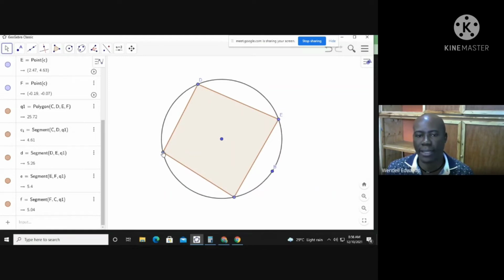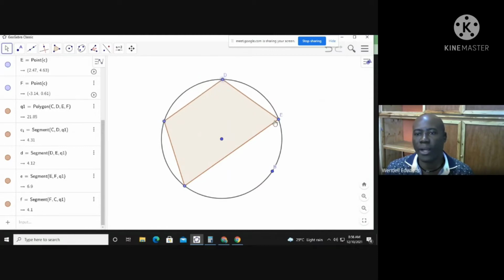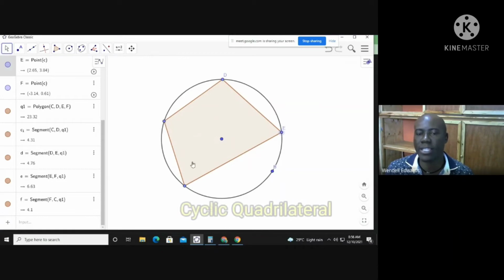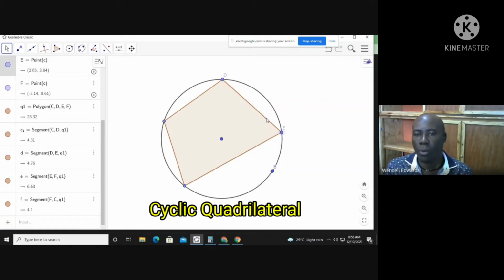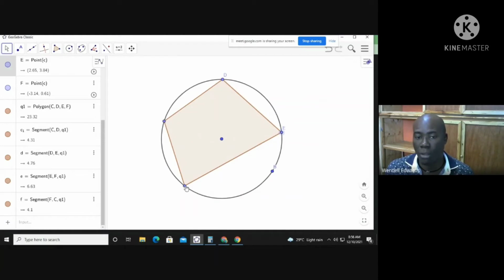All 4 vertices are on the circumference of the circle. Whenever this occurs, we have a cyclic quadrilateral. So it's a quadrilateral inscribed in the circle such that all the vertices are on the circumference of the circle.